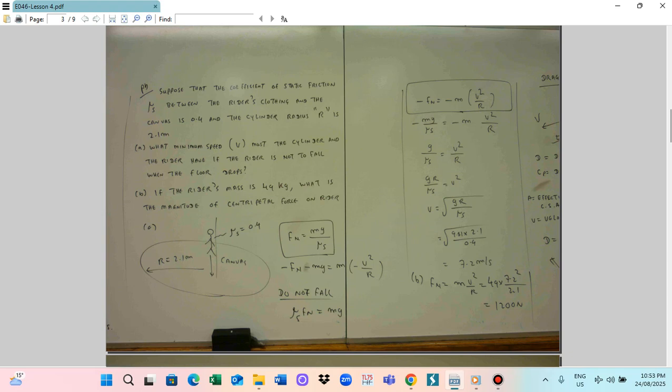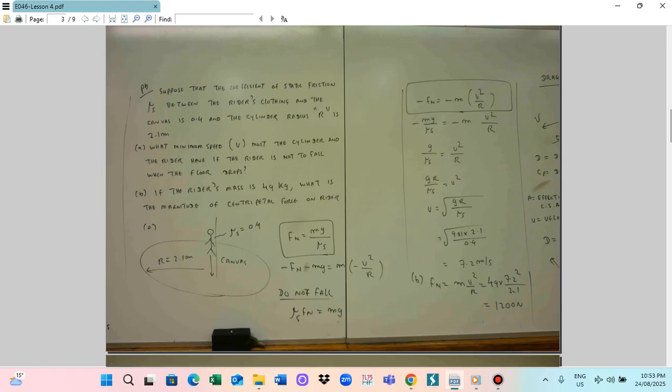Therefore the equation is Fn minus mg equals m v squared by r. This Fn can be calculated. Fn is equal to mg divided by mu s. This is for the centripetal force.